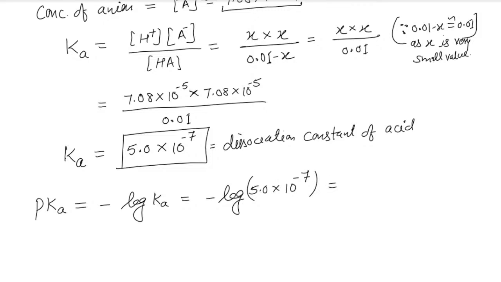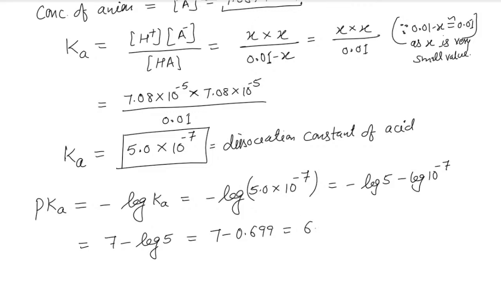So that is equal to minus log of 5 minus log of 10 raised to minus 7. So it becomes 7 minus log of 5, that is 7 minus 0.699. Log 5 is 0.699. So the value is 6.301. So this is the pKa value.